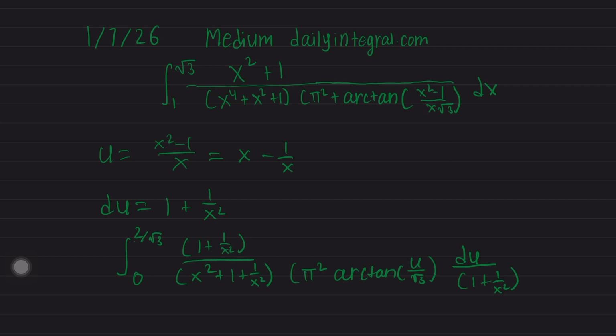So by taking out the x squareds, dividing by x squared on the top and the bottom, we were able to get 1 plus 1 over x squared. So we can now just cancel these out.